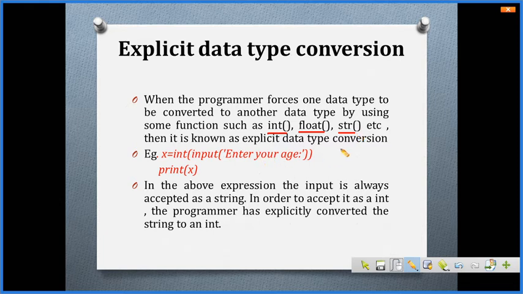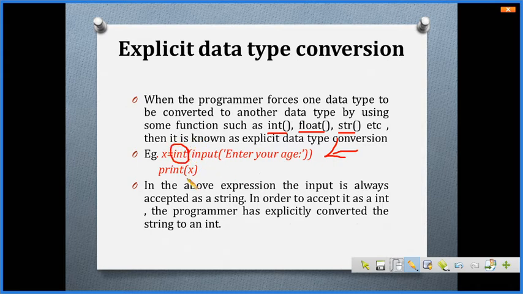For example, on this line where we are taking some input from the user, the value entered by the user will by default be converted to a string. But what I am entering, I need to convert into an integer value. What will I do? I will use the int function here.